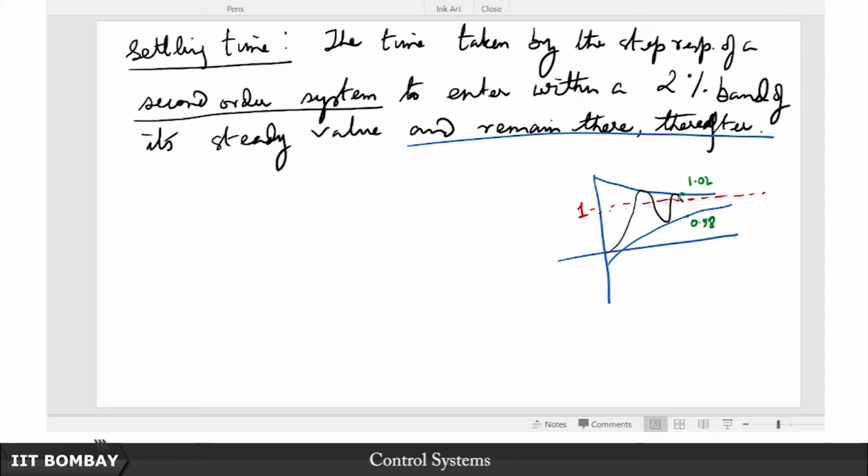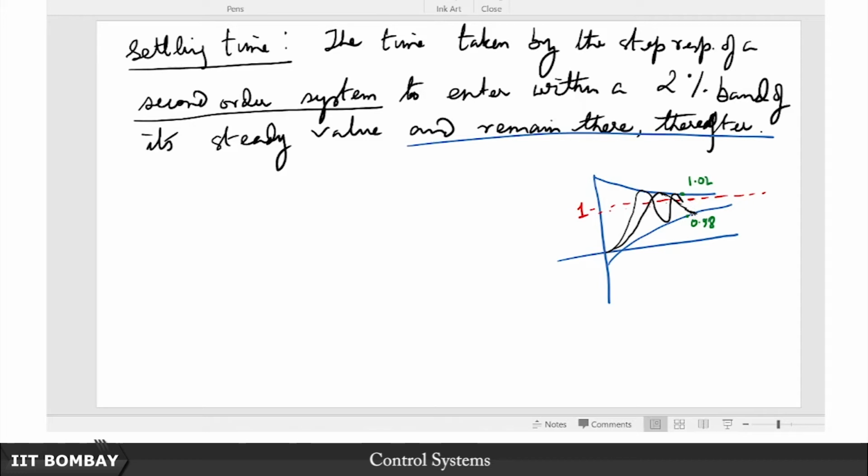So in that case this is actually overestimating. On the other hand, there could also be a case where your system has come here, and it has maybe come at this point here.